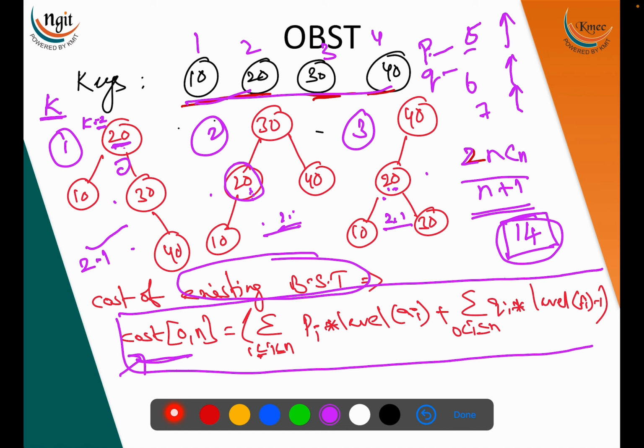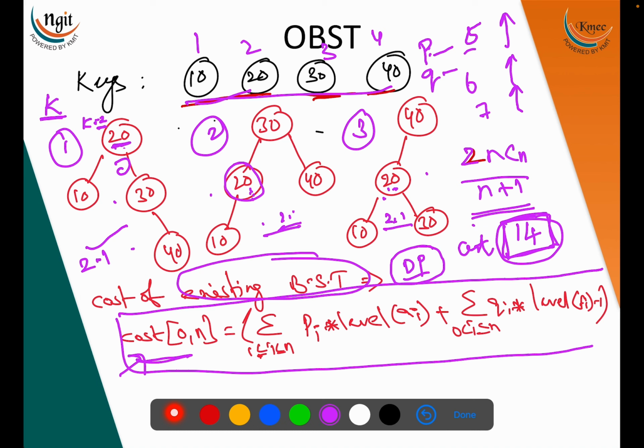That is our task. But the very big problem is that you cannot draw all 14 trees and find their costs. That is the reason we'll apply the dynamic programming approach on this problem.